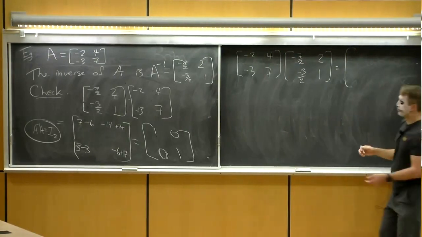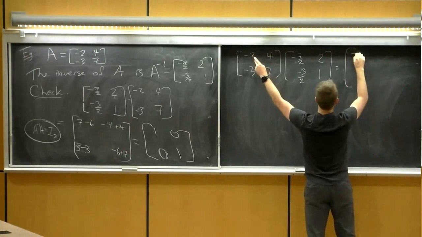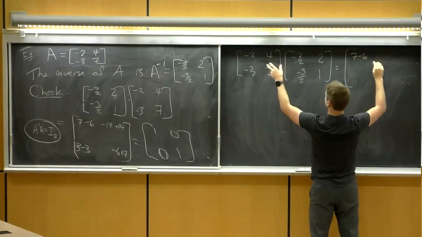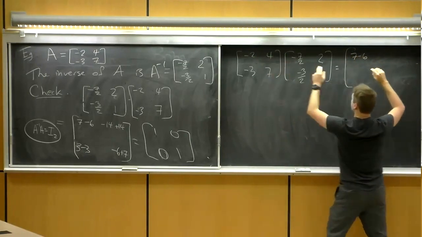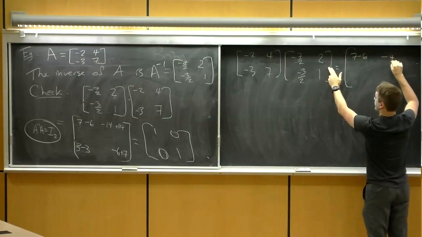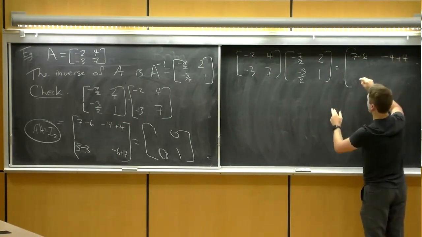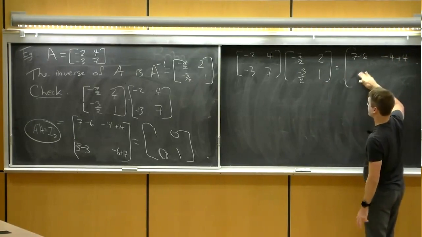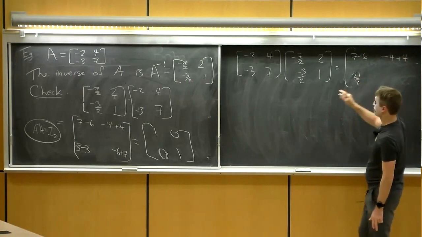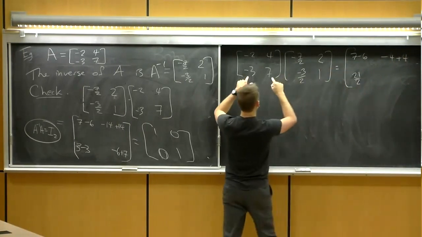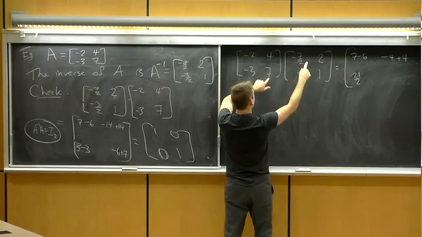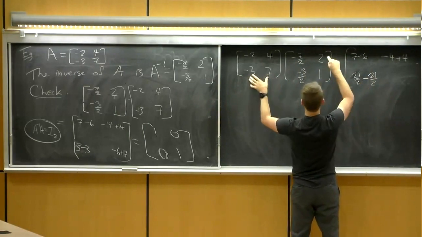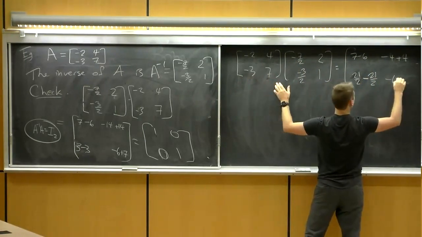So, okay, 7 minus 6, -4 plus 4. In this position, I get 21/2 minus 21/2. And then I get -6 plus 7.